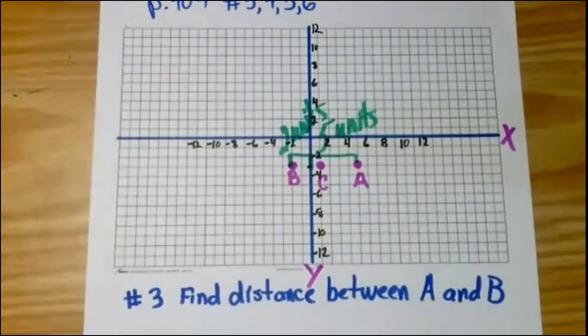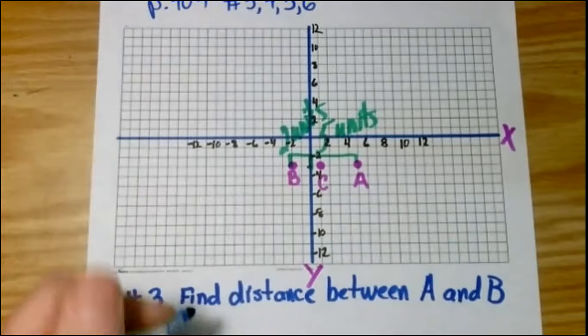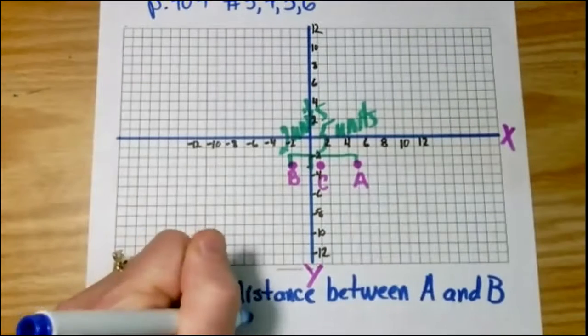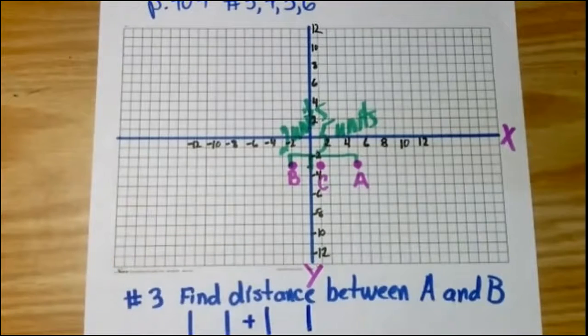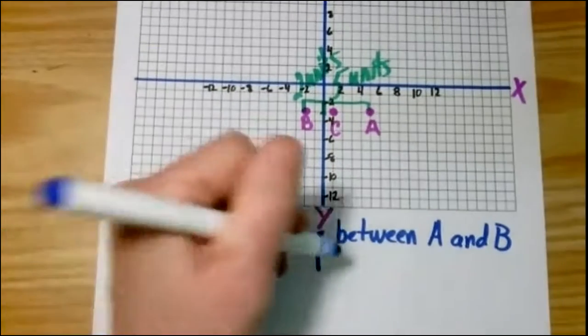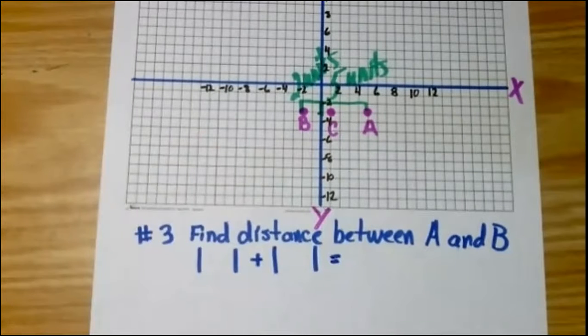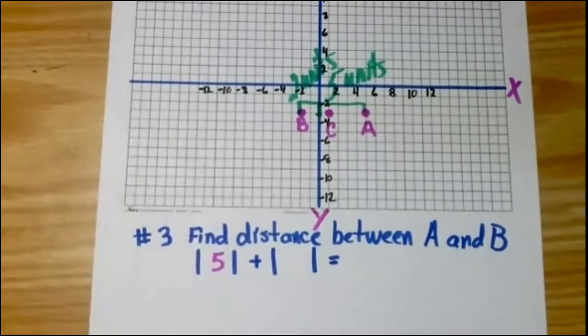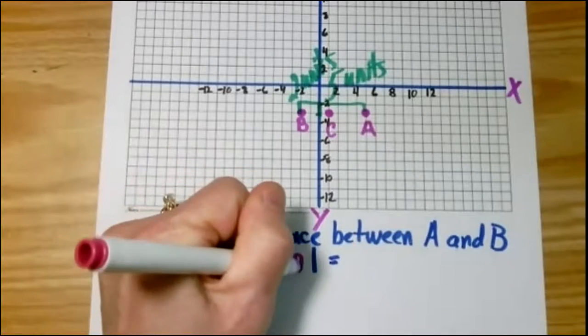So now to find the distance, in your book, they have the absolute value signs, and then they have a box to fill in, like that. And then they have equals, so let's fill this in. So we know the units, the absolute value of 5 units plus the absolute value of -2.